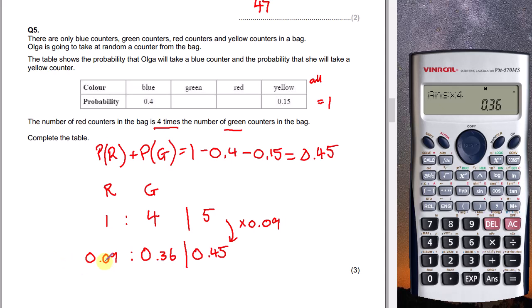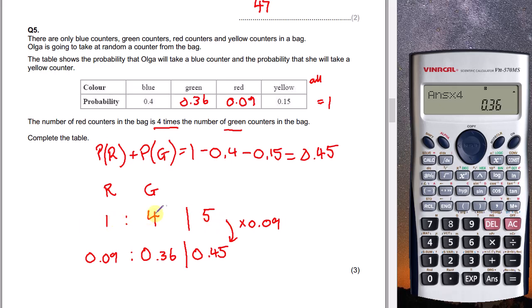Do a check. 9 plus 36 is 45. Yes, we've been counting in hundredths, so it is correct. So I can do green was 0.36, red was 0.09. The first thing was working out the probability for both of them, and then the second trick was in this.